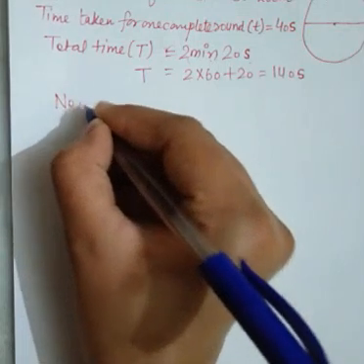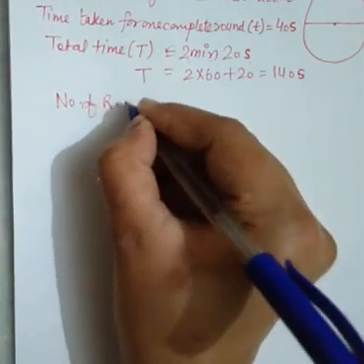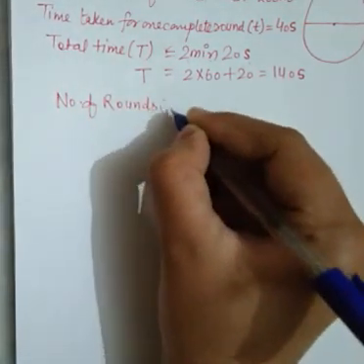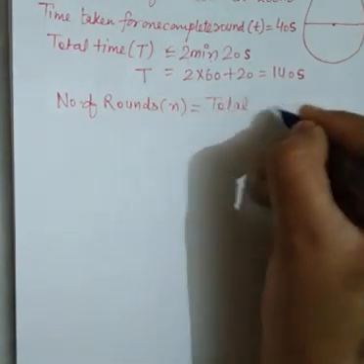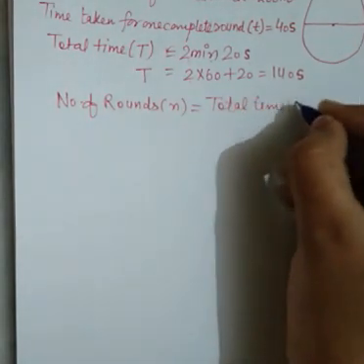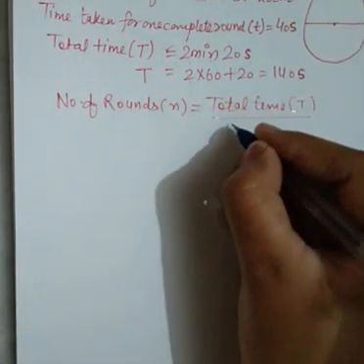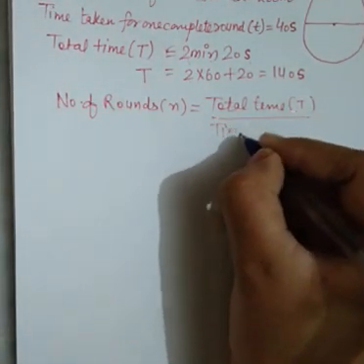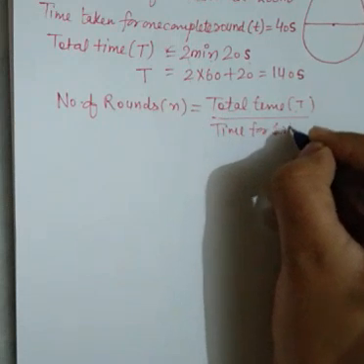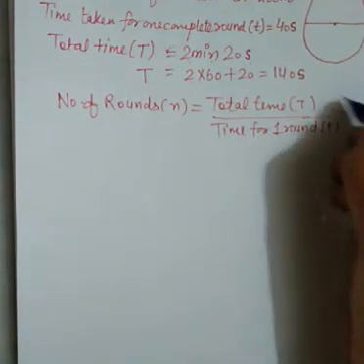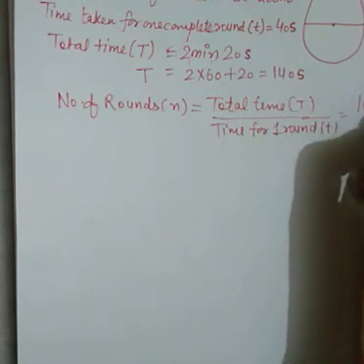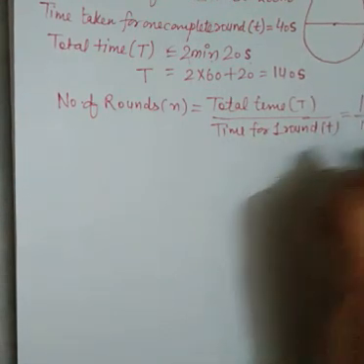Total time is 140 seconds and time to complete one round is 40 seconds. So how many rounds will it complete? Number of rounds is equal to total time upon time for one round, 140 second upon 40 second.